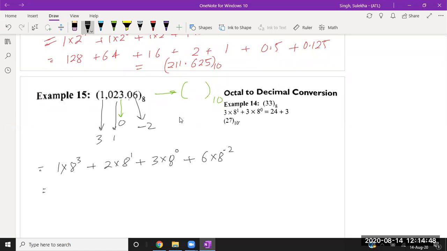If you solve this question, maybe you need a calculator. This is 512 plus 16 plus 3 plus 0.0937. When you add these numbers, you will get 531.0937.